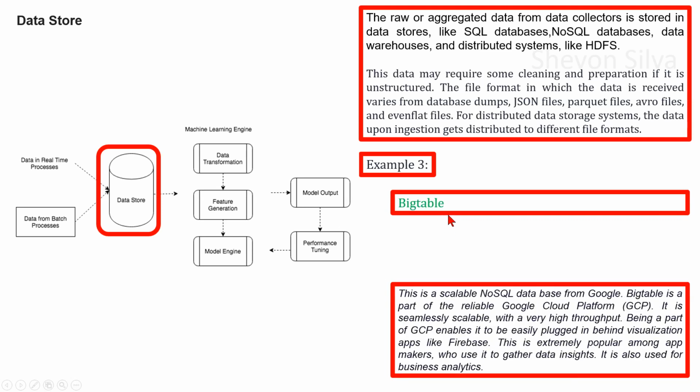As another example, we can consider Bigtable. This is a scalable NoSQL database from Google. Bigtable is a part of the reliable Google Cloud Platform, GCP. It is seamlessly scalable with a very high throughput.